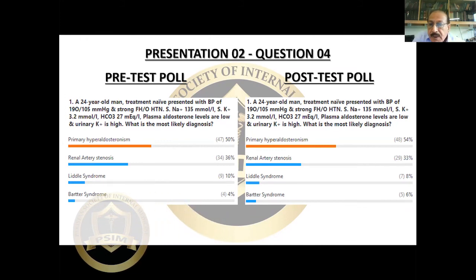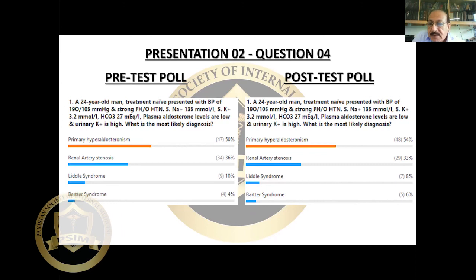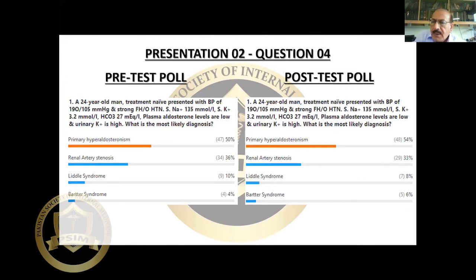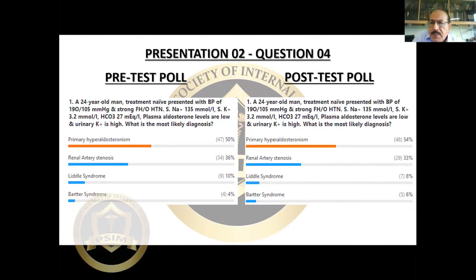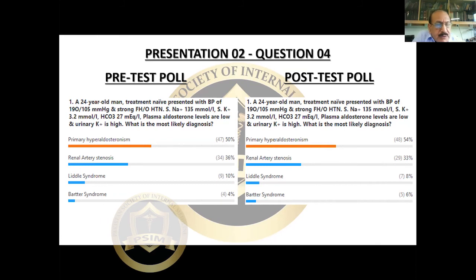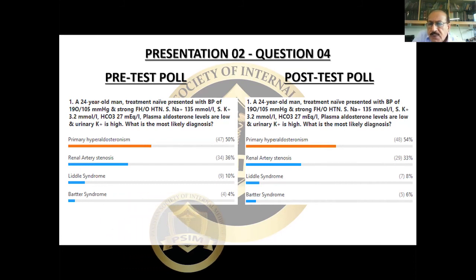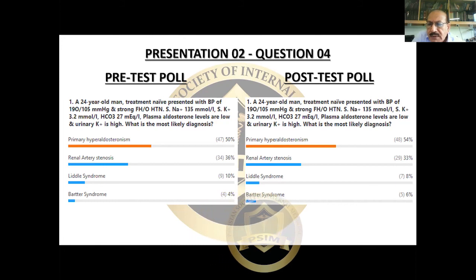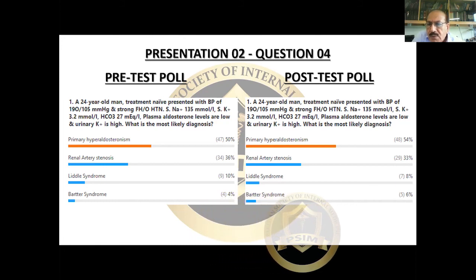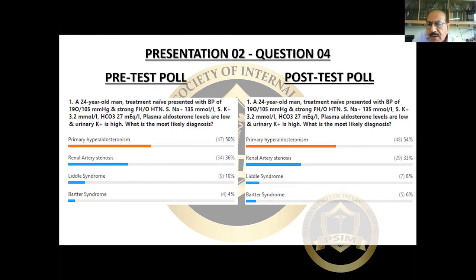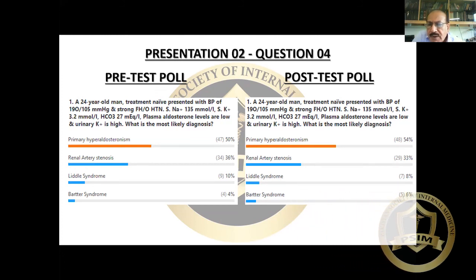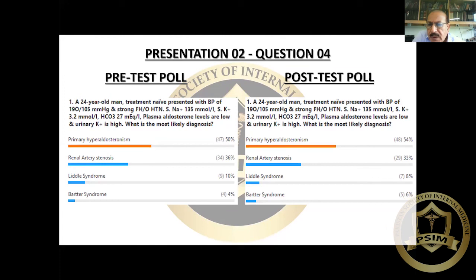In primary hyperaldosteronism, you have increased levels of plasma aldosterone. And only, I think, 3 months ago, I received a woman who had been discharged from medical ICU, treated as familial periodic paralysis, because she had quadriparesis and was admitted to ICU, where her potassium was found to be like 2.8.